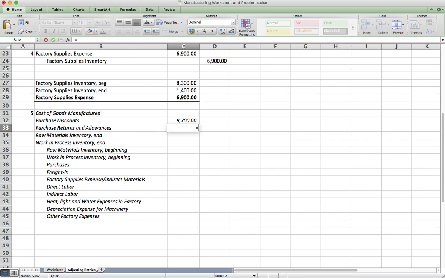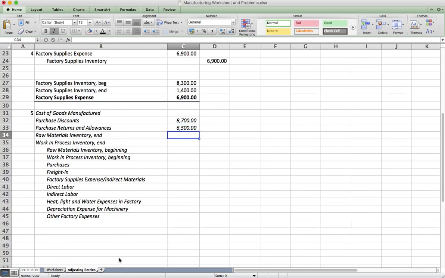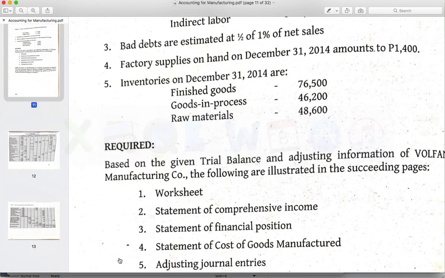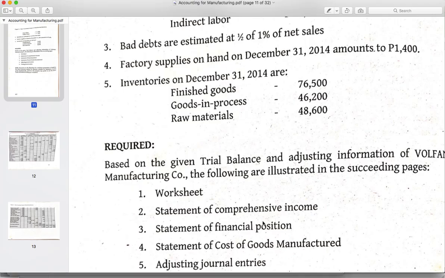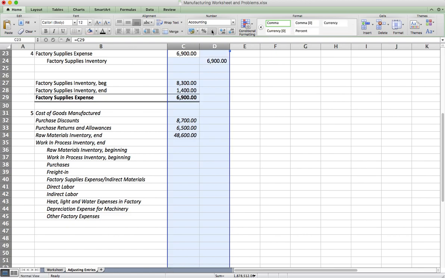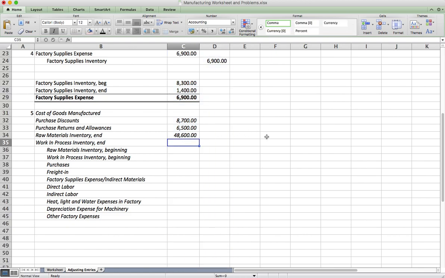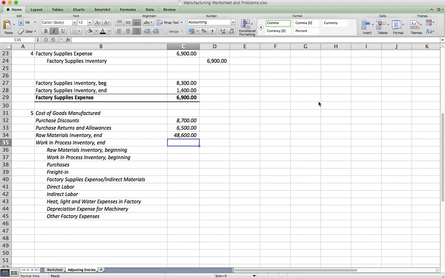Purchase returns and allowances, 6,500. Raw materials inventory, ano nakalagay sa book? 48,600. And then work in process, nakalagay goods in process, and yung goods in process and work in process same lang yan. 46,200.